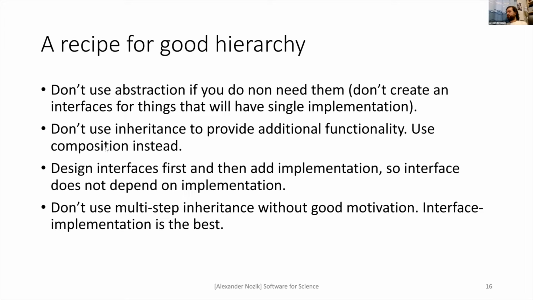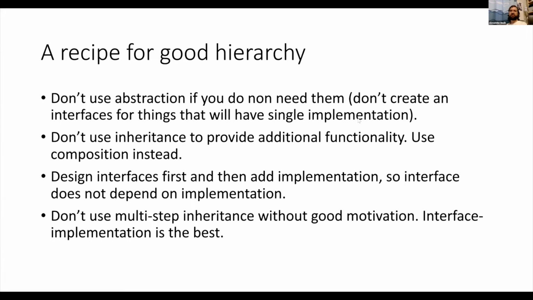Okay, what do we want from a good hierarchy? We want you not to abuse abstractions if you don't need them. So don't create intermediate abstraction layers if they're not used anywhere, just for the sake of it. Don't use inheritance to provide additional functionality to existing classes.